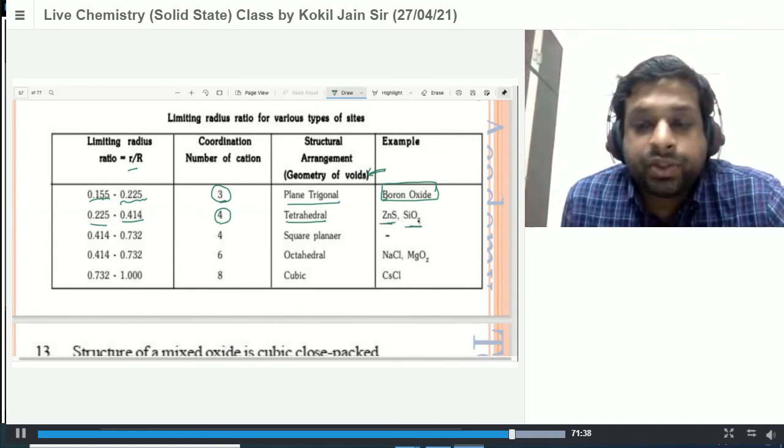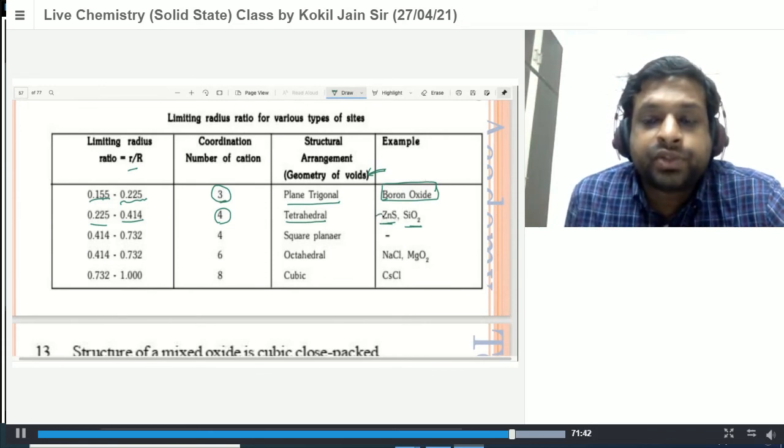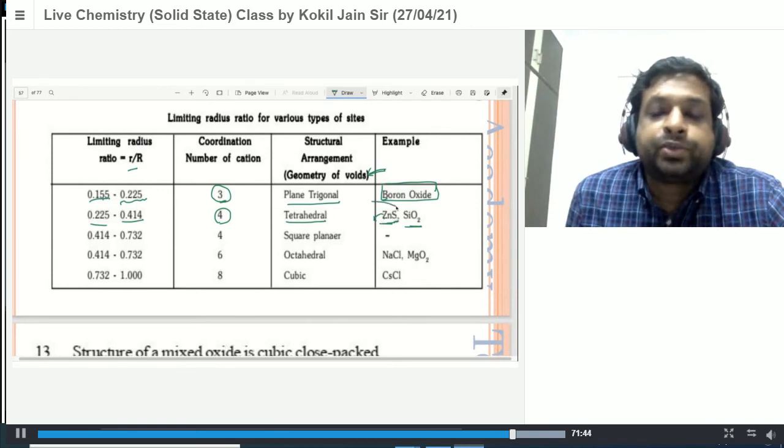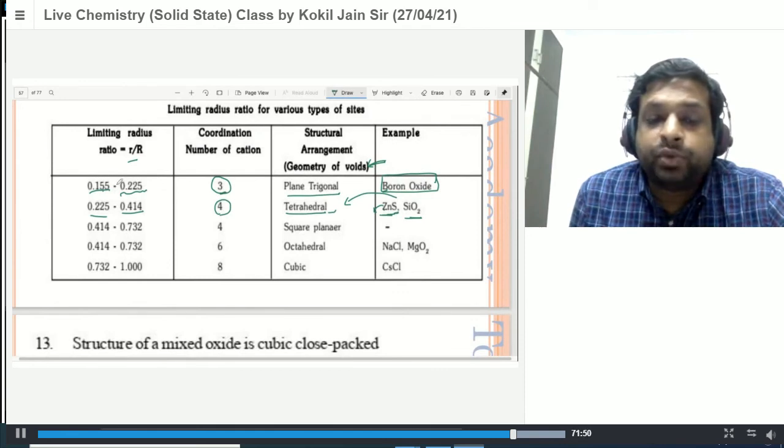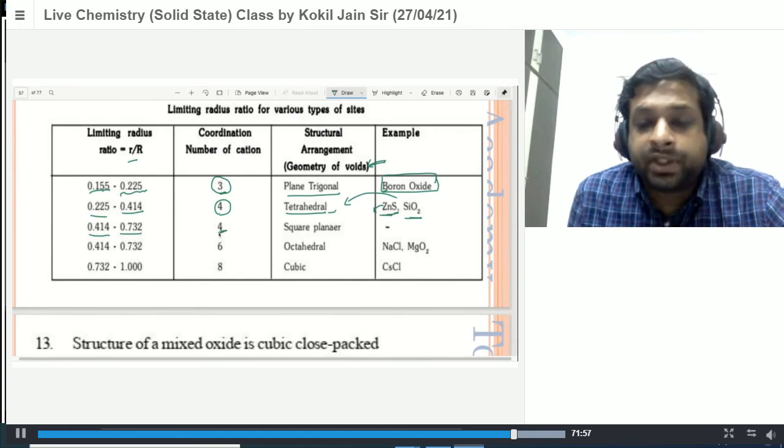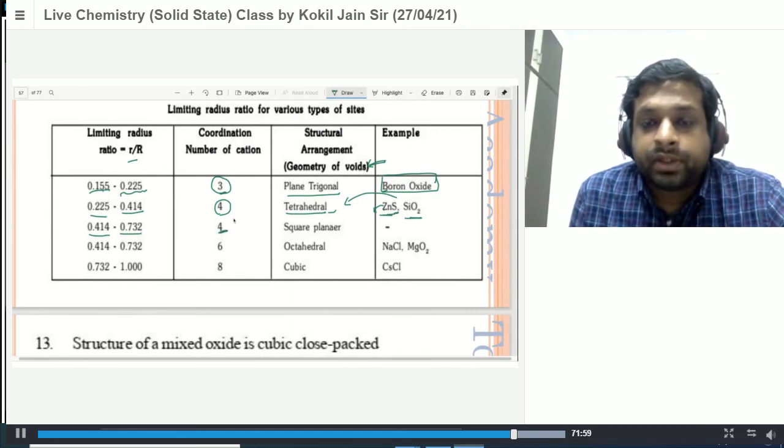Here zinc is going to occupy the void space, and sulfur is going to assume the tetrahedral position. When this ratio is between 0.414 to 0.732, the arrangement is still going to be square planar here.